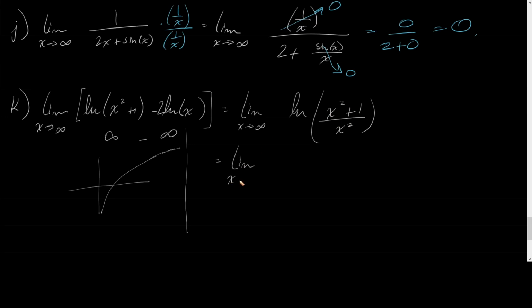So I end up with the limit as x goes to infinity of ln of, this can be rewritten as 1 plus 1 over x. And at that point, as x goes to infinity, this right here goes to 0. And then we have 1 plus 0 is 1. So we end up here with ln of 1. But ln of 1 is 0. So we actually have a horizontal asymptote of 0 there, right?